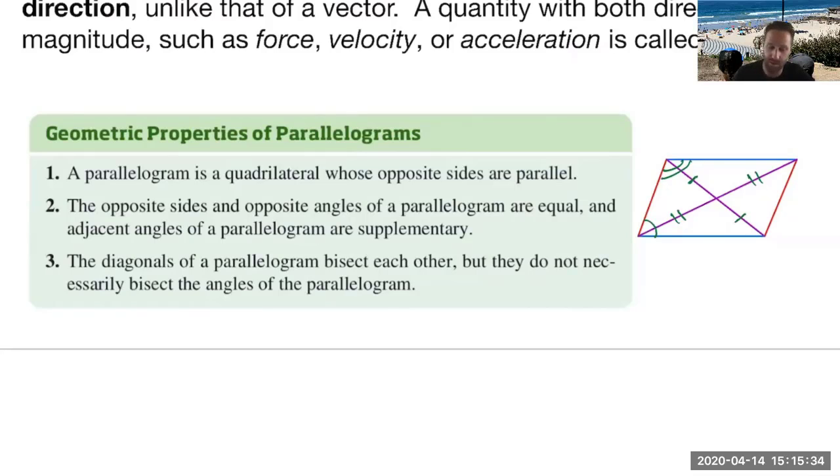And if I was to just get rid of a few of these pieces, such as this side of my parallelogram, this side, or one of these diagonals, you can see that if I had these two, which I'm now going to call vectors by making this arrow and this arrow.